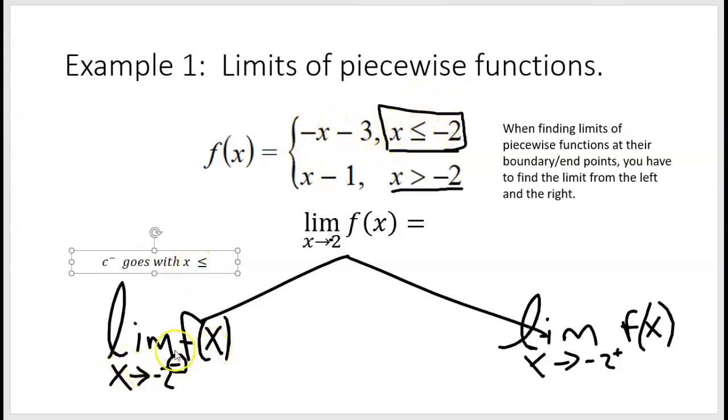So therefore, if I'm approaching -2 from the left, I'm going to use the piece that is associated with the less than there. So let's go ahead and write that. So the limit then, as x approaches -2 from the left, of which piece? This piece, because that's the piece that goes for x less than. And all we have to do now is do direct substitution. So I'm going to plug my -2 in. It's going to give me the following.